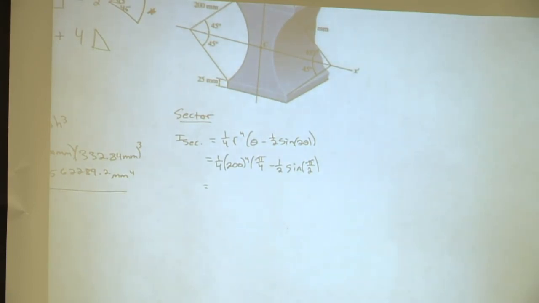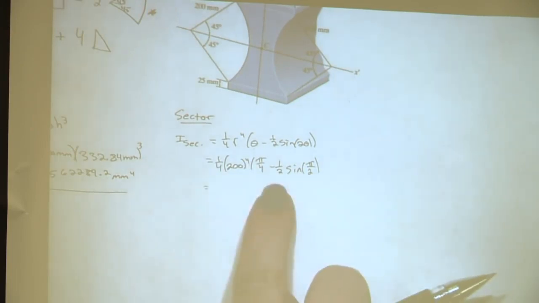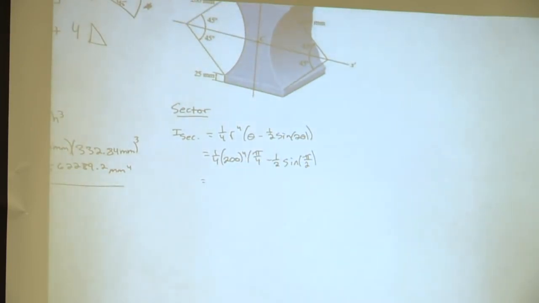Okay, so go ahead and calculate that out now. Make sure you can get the proper answer. Yes, but when you calculate the next part, you have to change it back to degrees. So make a note on your formula sheet if you have to.